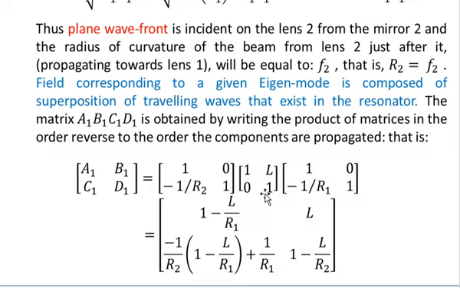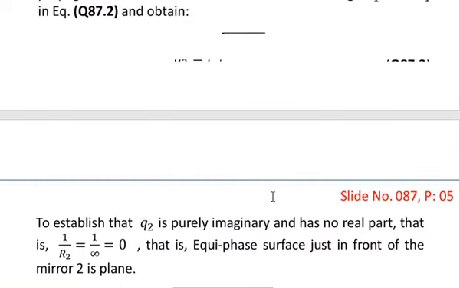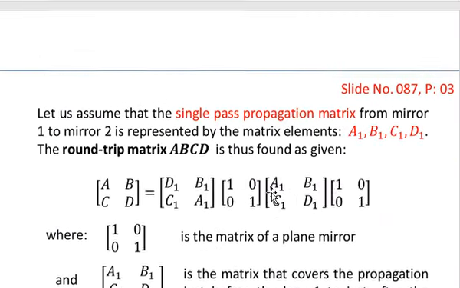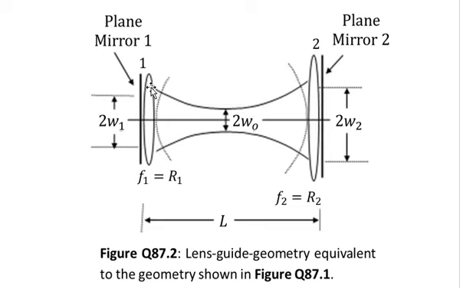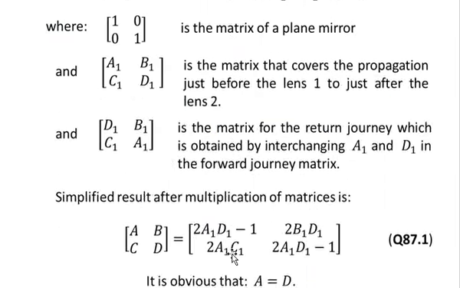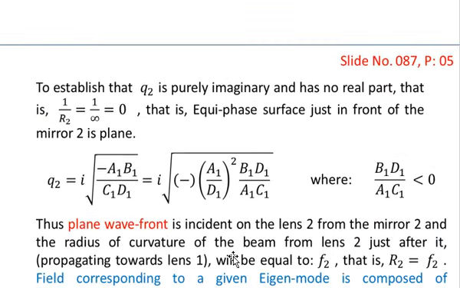And then the light will travel a distance equal to L within the resonator, which I like to show you, that this is the length L. The light after passing through the lens 1 will travel the distance in free space equal to L. And for that one, we have a matrix that is given over here.